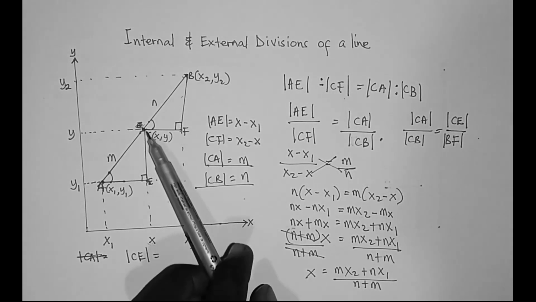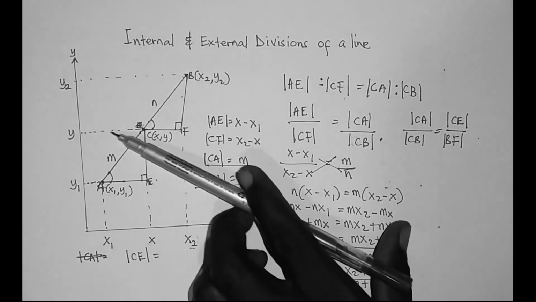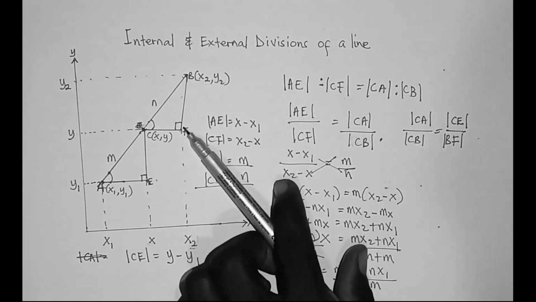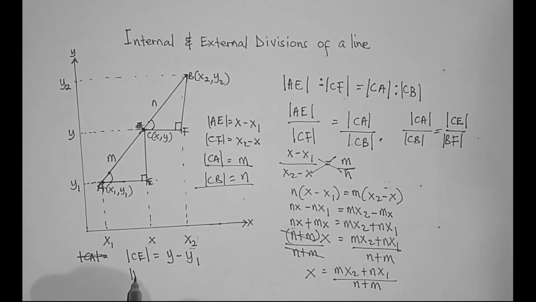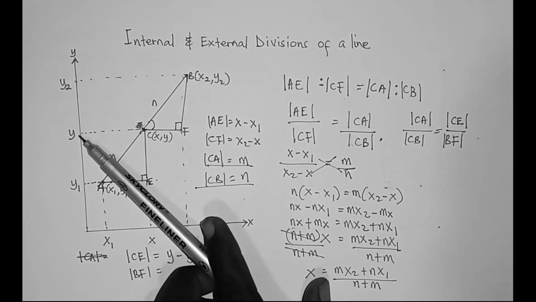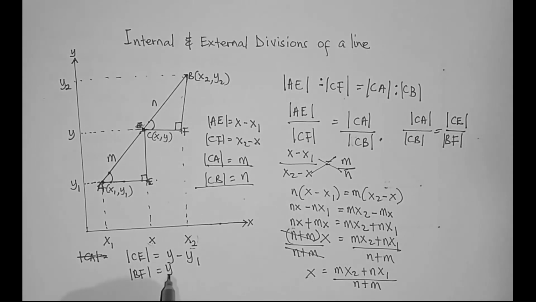CE is y minus y1. Y minus y1 is CE. And let's find BF. Magnitude of BF equals y2 minus y. So it's y2 minus y.